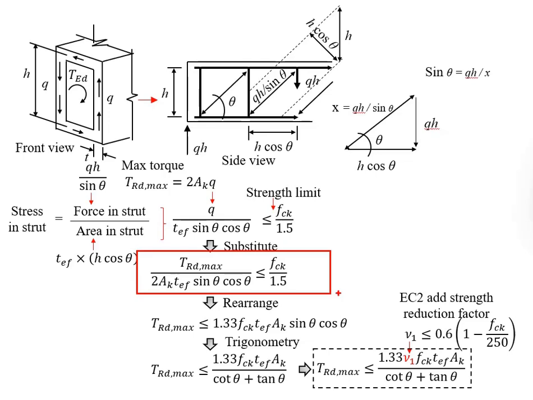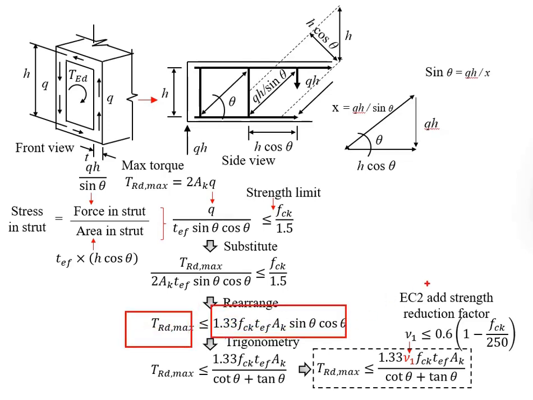You will get this formula. Now you rearrange the formula here, leaving the maximum torsional strength on one side and the rest on the other side. Bring this whole thing to the opposite. You have 2 numbers here, you merge them. Use 2 divided by 1.5, you get 1.33. The rest will be rearrangements of the symbols.